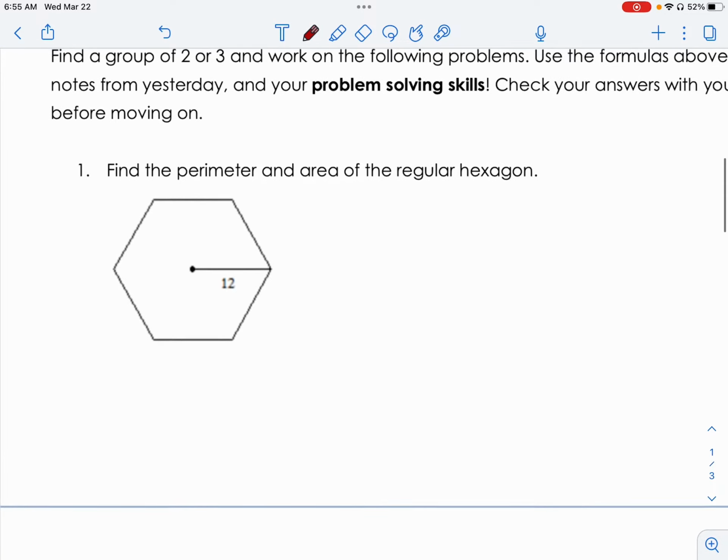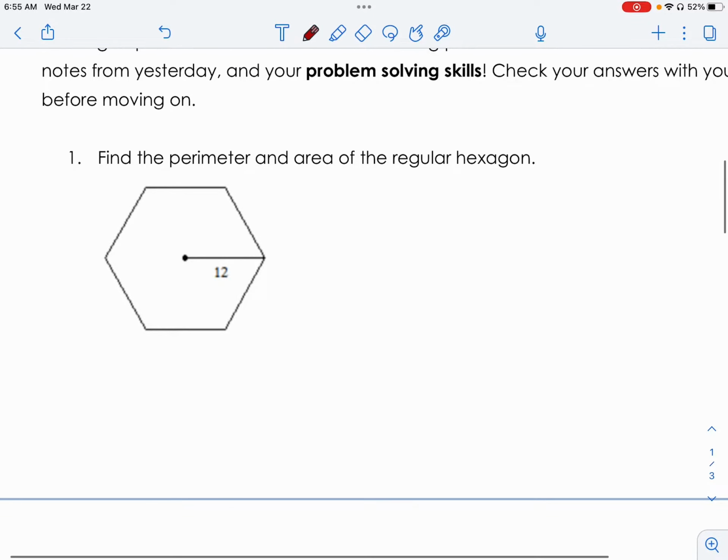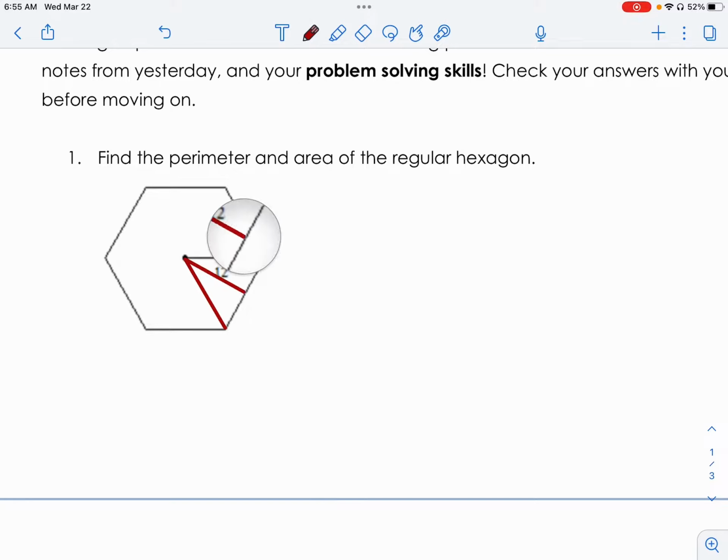Okay, we're given a regular hexagon here, and we want to find the perimeter and the area. So if we remember, for a regular hexagon, we make shapes into triangles here. So when I do that, I need to draw my apothem and make that into a triangle.